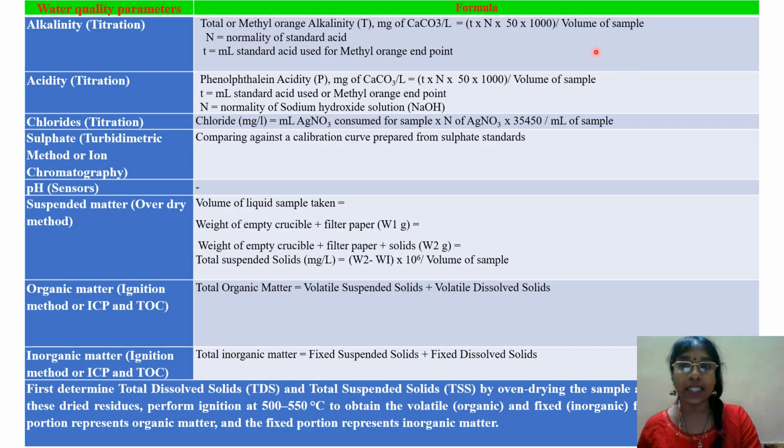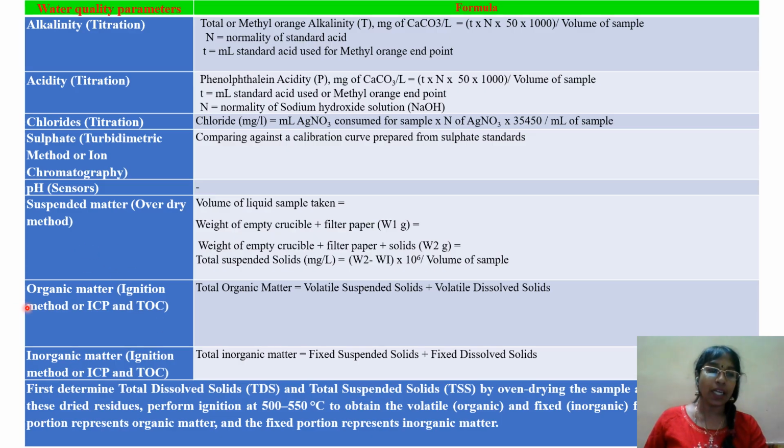We have used only this formula for that identification. This is for acidity. Then chlorides: here AgNO3 is our burette solution. Then sulfate, we use comparison against the calibration curve prepared from sulfate standards. Then pH, we can use electrodes or any sensors.